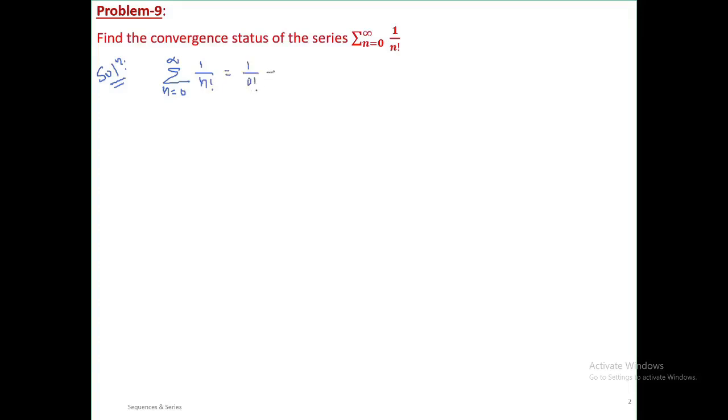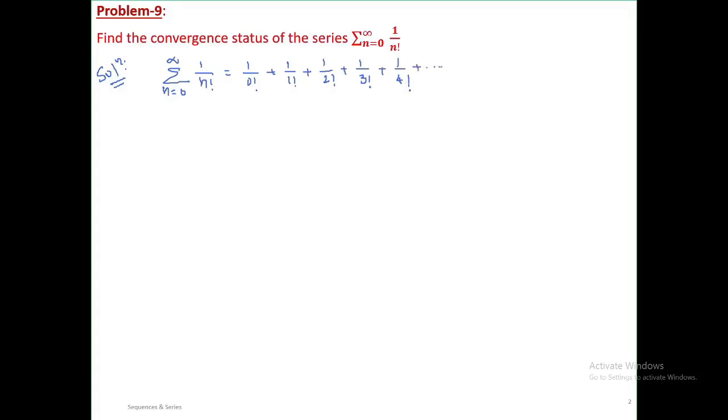Okay. So 1 upon 1 factorial, 1 upon 2 factorial, plus 1 upon 3 factorial, plus 1 upon 4 factorial, plus and so on.